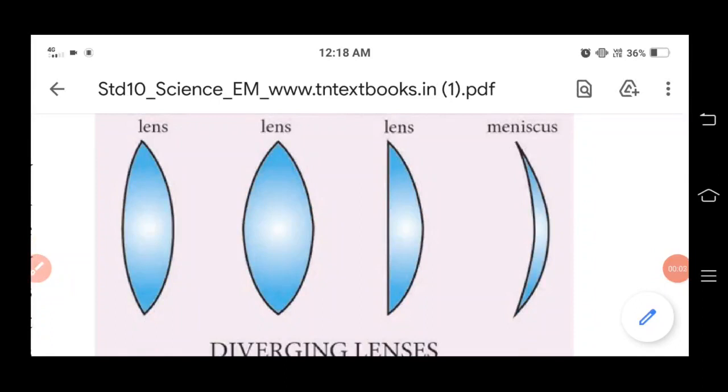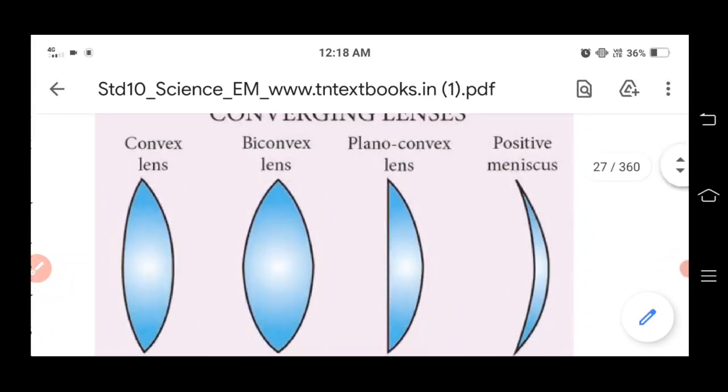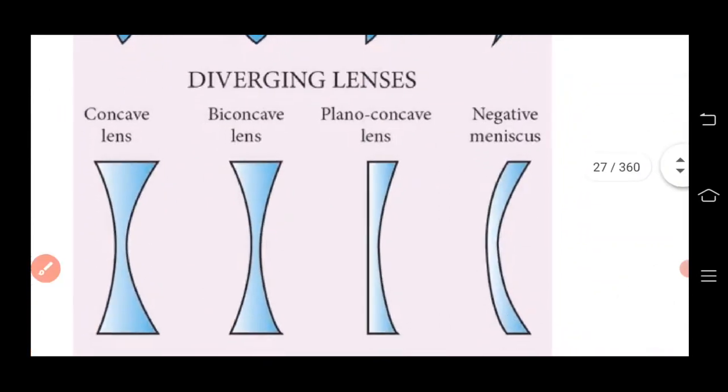Students, how can you identify whether it is a convex or concave lens? A simple method: a convex lens is thick at the middle, so thick at the center and thin at the edge. So this is a convex lens. And concave lenses are thin at the middle and thick at the edge.